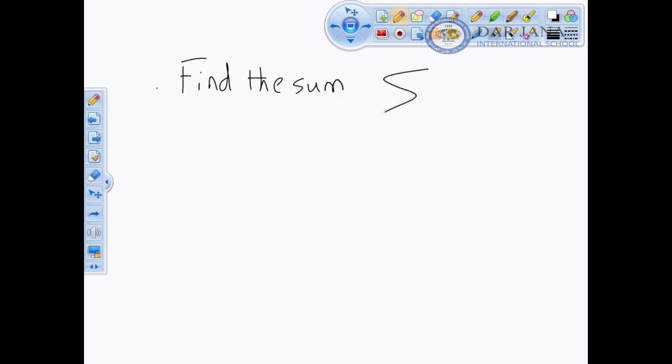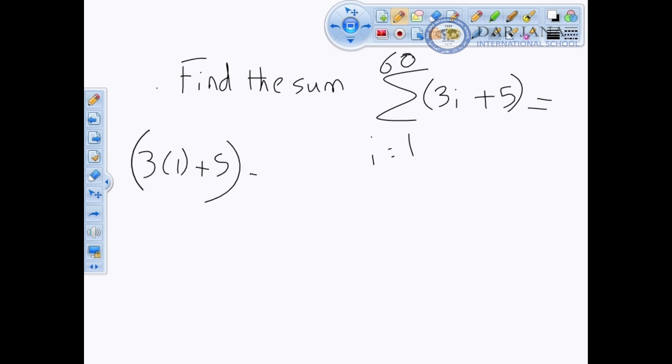As an example, I told you find the sum from i equal 1 till 60 of 3i plus 5. First, how to find this? I replace i by 1, then by 2.